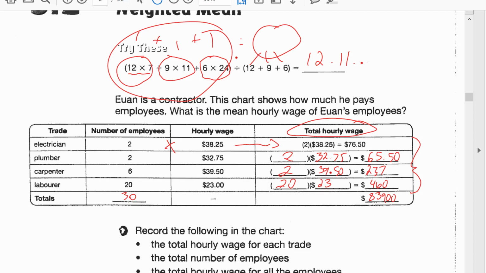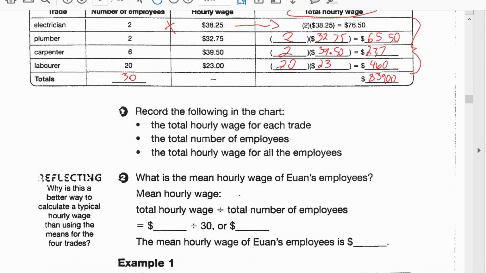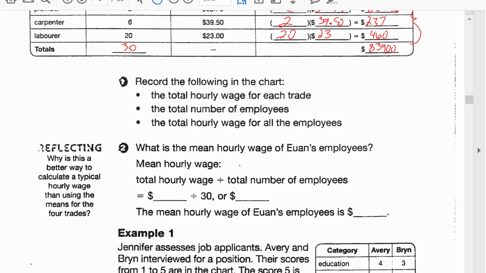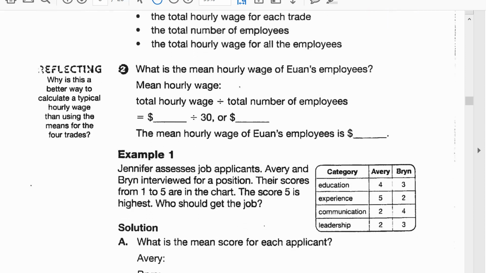Awesome. Record the following in the chart: the total hourly wage for each trade, the total number of employees, and the total hourly wage for all the employees. What is the mean hourly wage for Ewan's employees? So mean hourly wage is the total hourly wage divided by total number of employees.